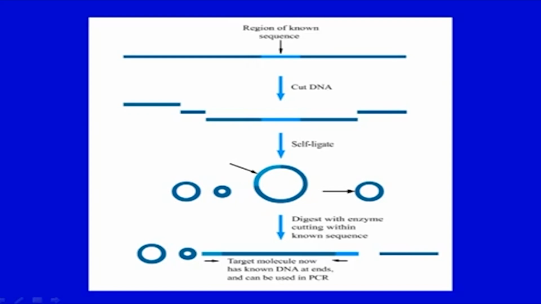This was about inverse PCR. Now, there are other types of PCR, like in situ PCR. It is possible to carry out PCR using permeabilized tissues, say thin sections on a microscopic slide. What it requires is a specially adapted PCR machine to accommodate these slides.